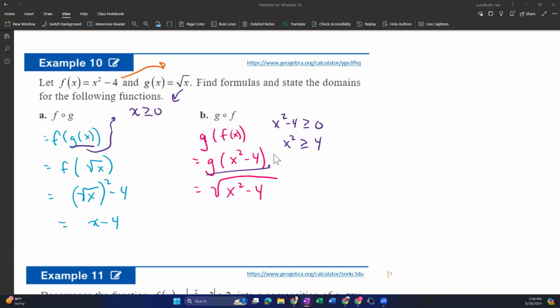And this actually gives us the opportunity to break this into two cases. One of the cases, when we're working with positive numbers in for x, that would just mean that x is greater than or equal to 2. 2 squared is equal to 4.